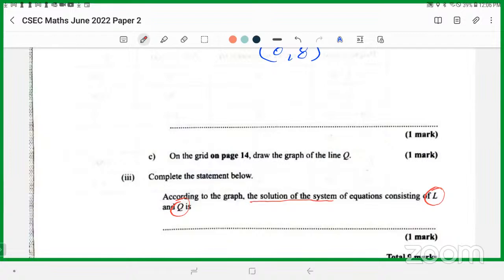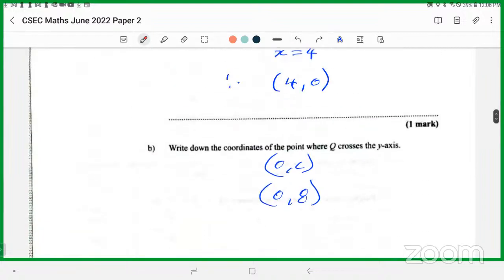In other words, if you were to solve these 2 lines simultaneously, you'd get the point where they intersect on the graph.